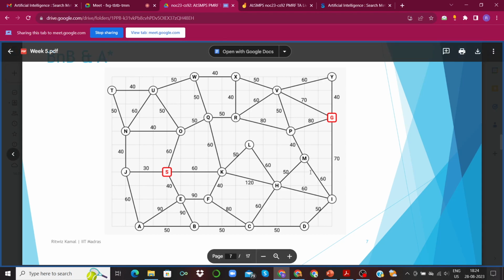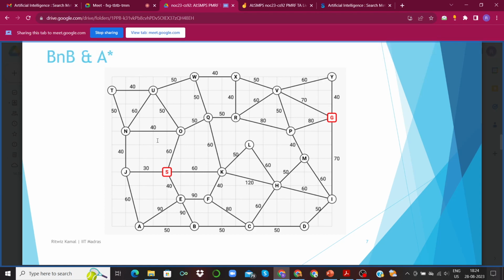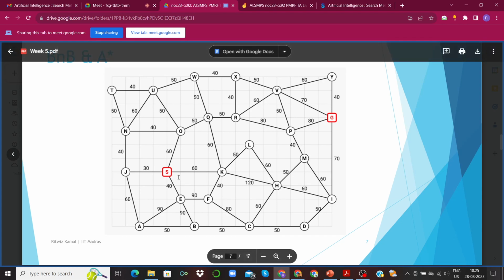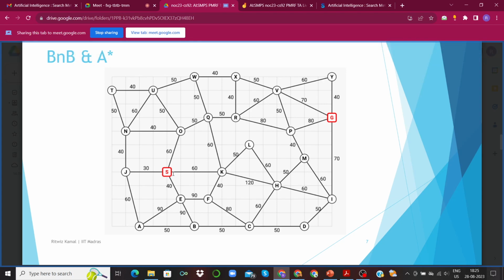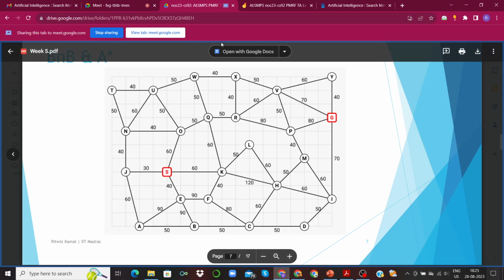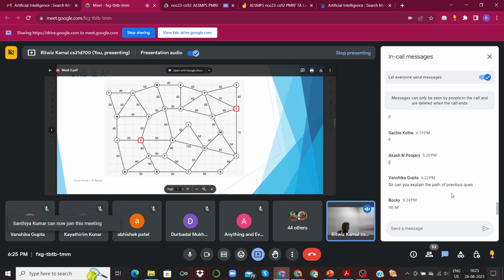It's the same graph, but the big difference over here is that these costs or these values that are shown on top of each of these edges, or beside each edge, are the actual costs of going from one node to another, not the Manhattan or any other heuristic. It is the actual cost of going from one given node to another given node. And why we have given this is going to become clear in a moment, but I just wanted to put this out so that there's no confusion in the upcoming questions.